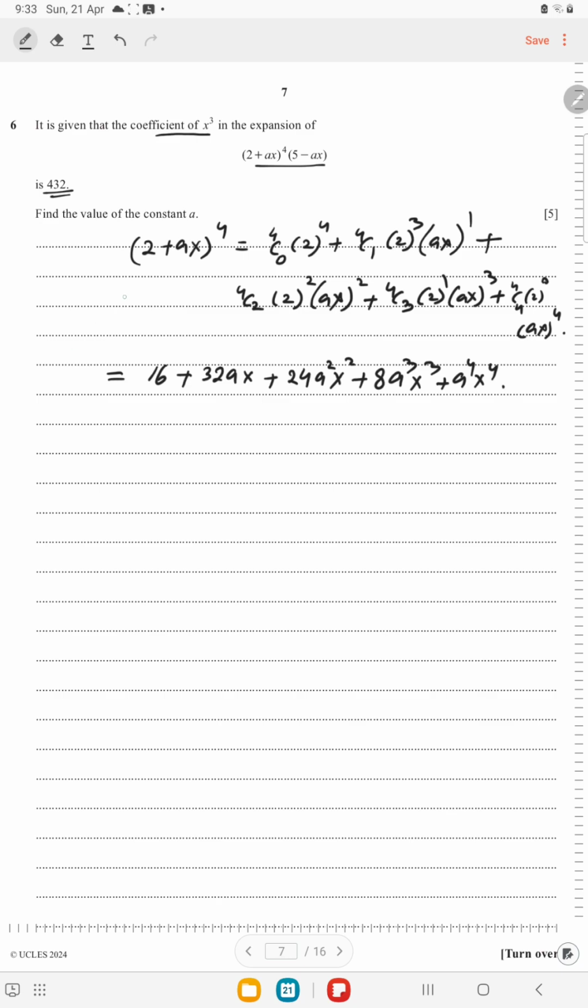This is the expansion for (2 plus ax) power 4. Now we have to multiply this, as given: 16 plus 32ax plus 24 a2 x2 plus 8 a3 x3 plus a4 x4 with (5 minus ax).